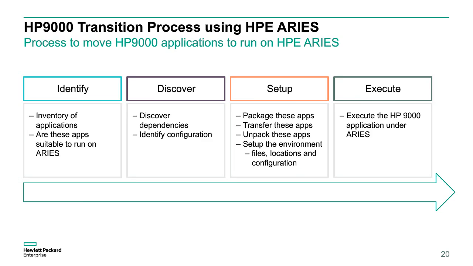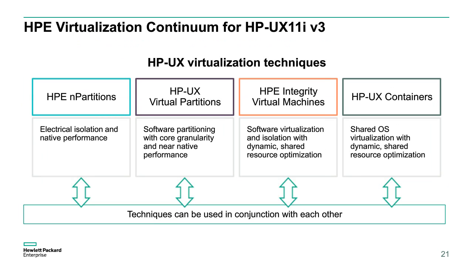So how can the virtualization continuum help you with this move? Well, let's have a quick look at what we have to start with. We've got HPE nPARs. nPARs are supported on Superdome 2, with isolation of the cell blades and the IOX chassis, or on Integrity i4 and i6 blades.